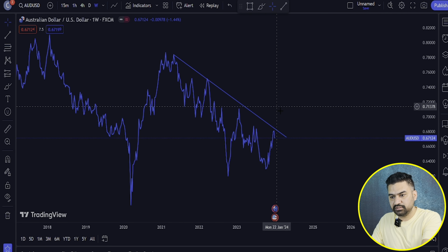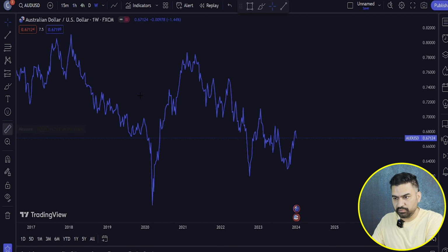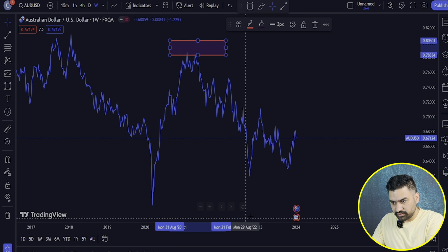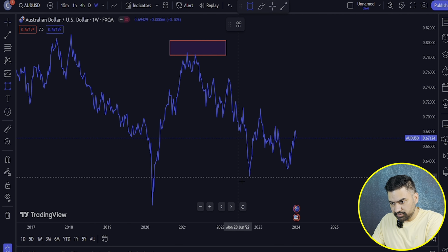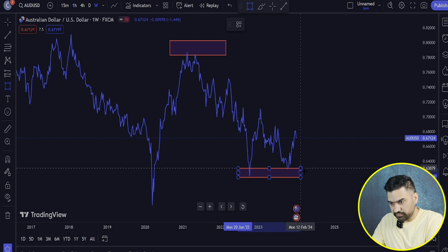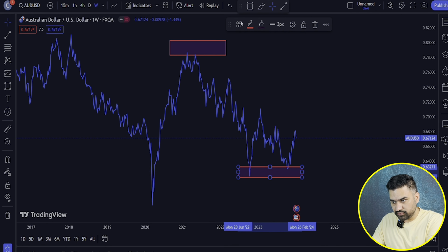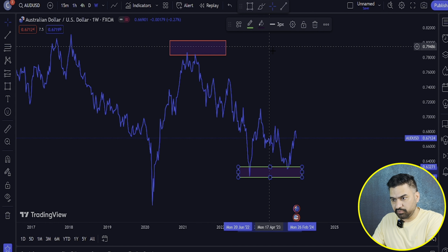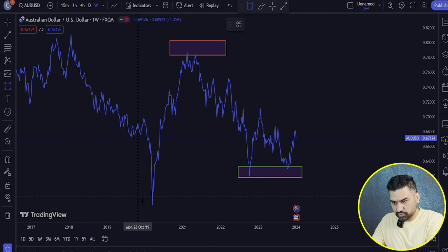I will get rid of this one. Now we will plot support and resistance using the rectangle tool. Just click on the rectangle. Here is one resistance. Then there is one support here, and I will extend it to this support as well. Then I will change the support to green color and keep the resistance red. Then I will draw one more support here.